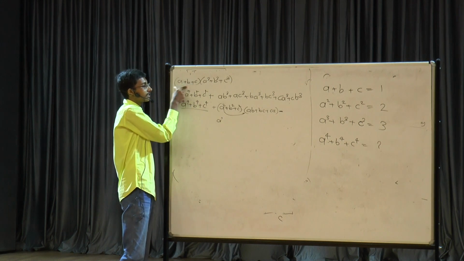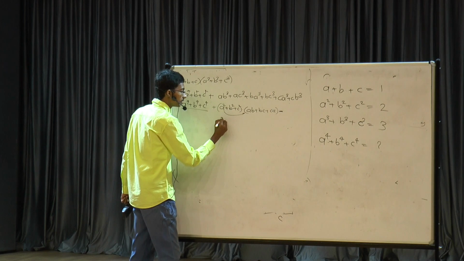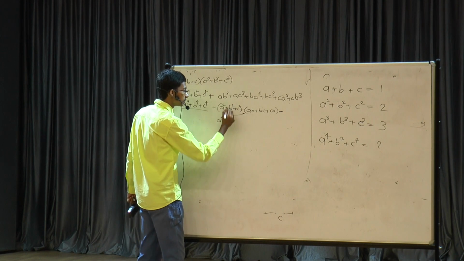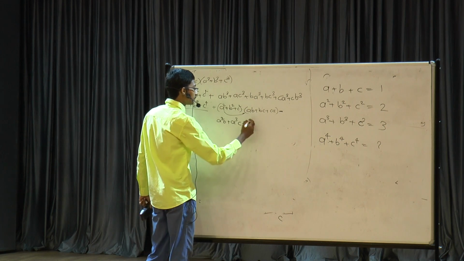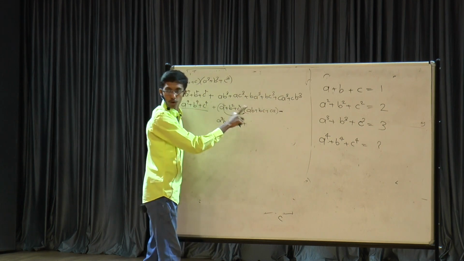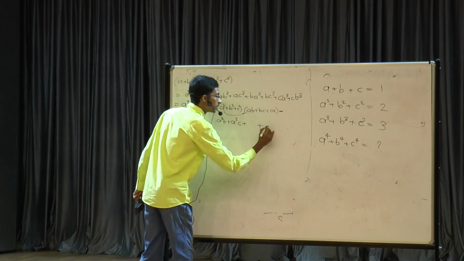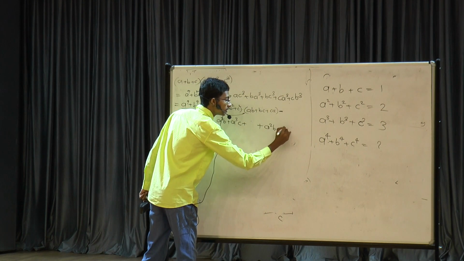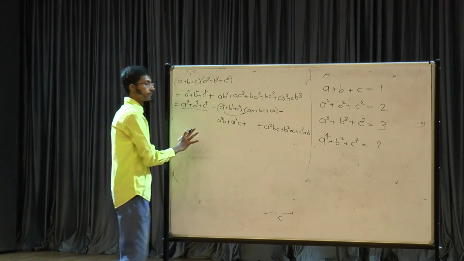Because here I had a plus b plus c, now I'll use this. Now I end up with a cube b plus a cube c, all these terms that I want. In addition to those, I have terms of this form, a square bc, b square ac, c square ab, right?